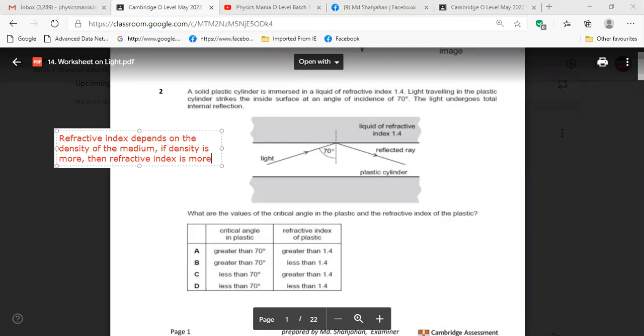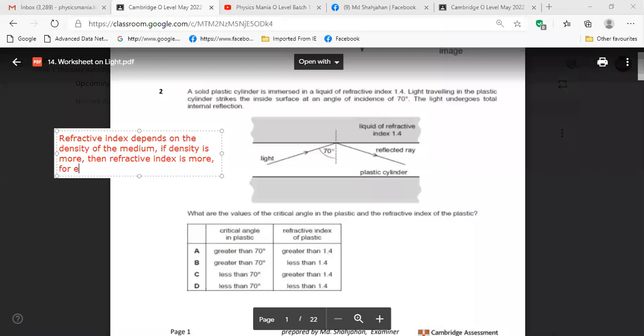Like if you have water and glass, where the refractive index will be more? Between glass and water, which one is denser? Glass. So the refractive index value will be more in glass. I'm writing that also.